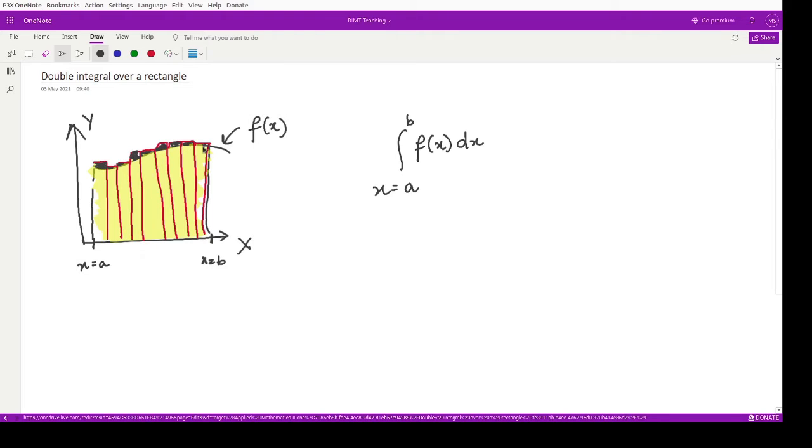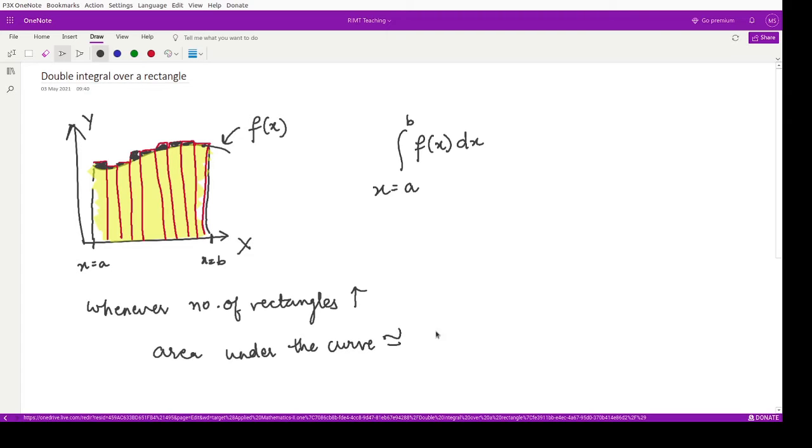So what exactly we are doing, we are approximating the area under this curve by calculating and adding all the areas of these individual rectangles, so that whenever the number of rectangles increases to infinity, the area under the curve is nearly equal to the sum of areas of all the rectangles.